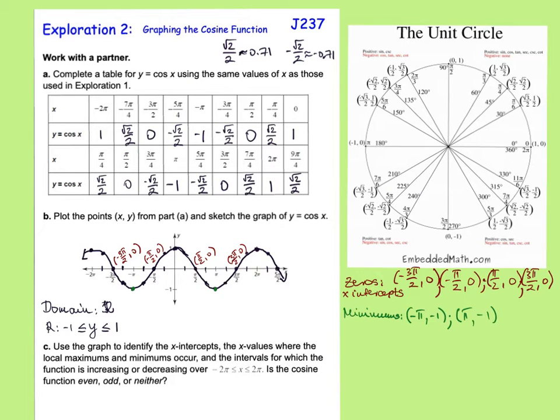Now let's find our maximums. So our maximums occur at -2 pi and 1, and the next one is at 0 and 1, and then the last one in this graph is at 2 pi and 1.